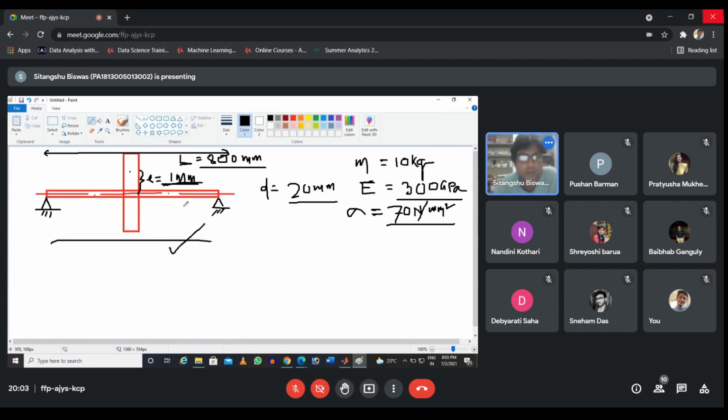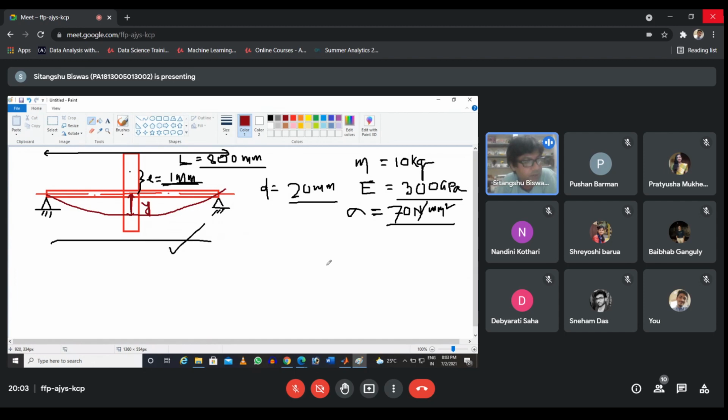So as we already learned, due to the weight it will be bending like this, and this is the deflection that we defined as y. What is the value of the deflection?